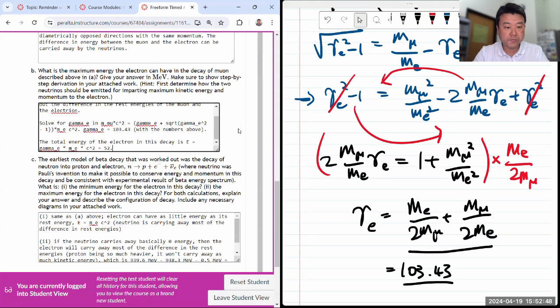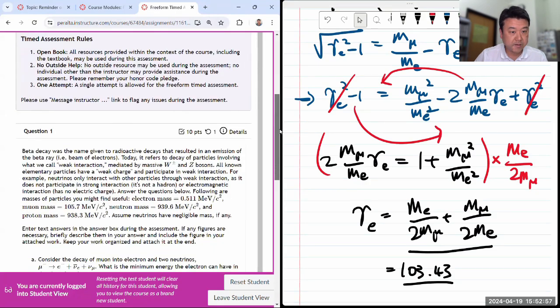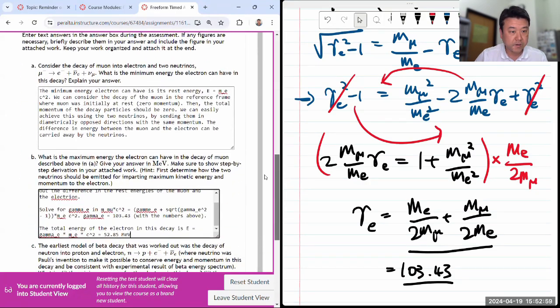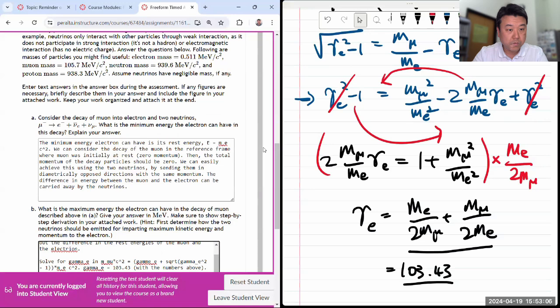So 52.85 MeV. So of the energy that muon had, so muon had energy of 105.7 MeV.